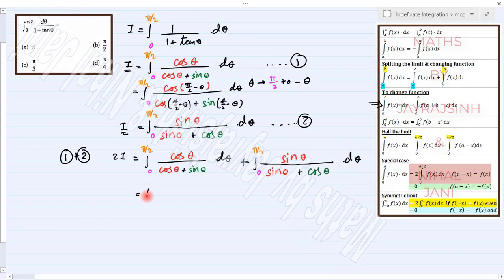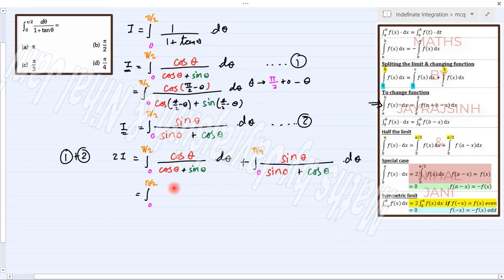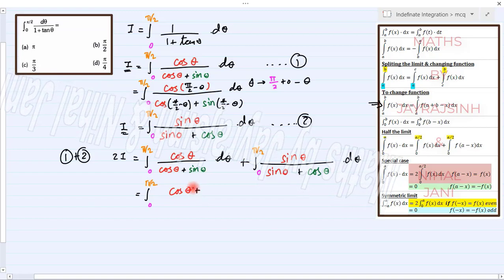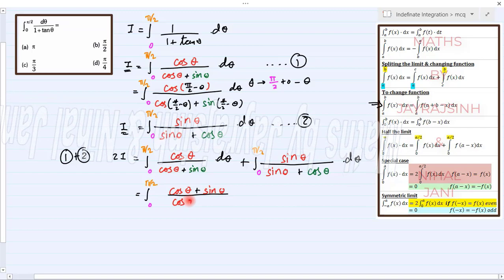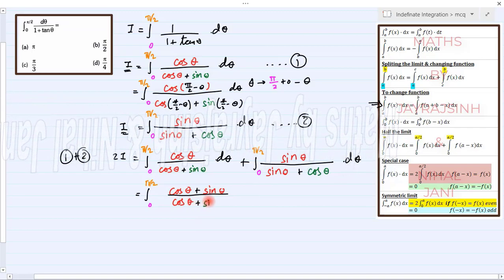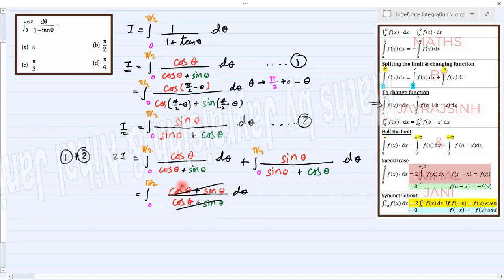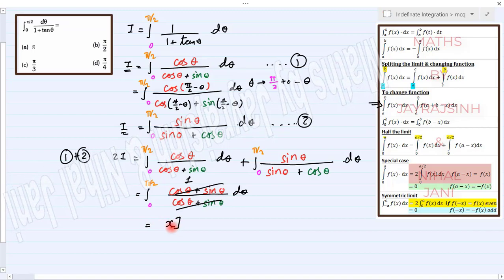Here, the limit and denominator are the same, so we can simply add our numerators, which is cos theta plus sine theta upon cos theta plus sine theta. So this will be cancelled out and we just have to integrate 1, which is simply x.